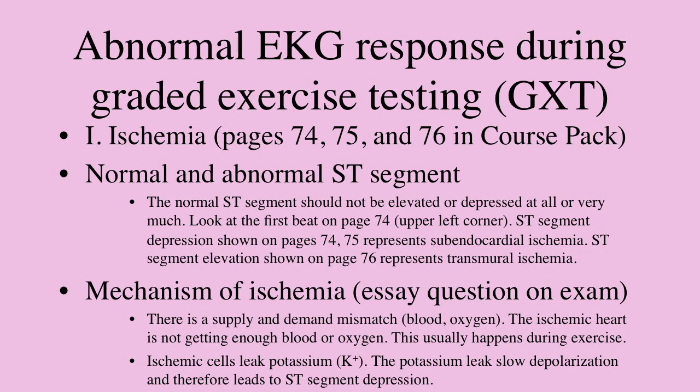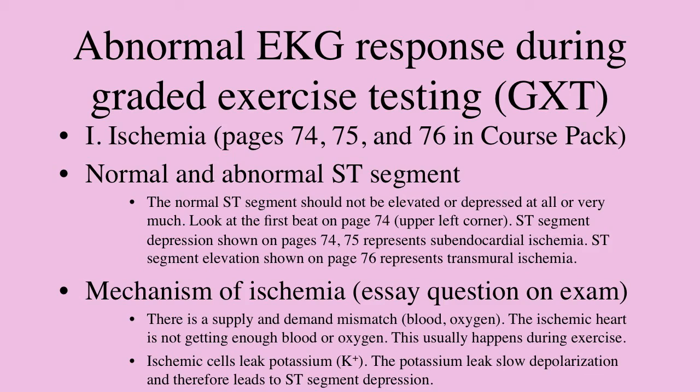If it's going in but leaking out, some of it still gets in, but some leaks out, so you get some in, some leaks out, more in, some leaks out. Eventually it does all get in there, but that leaking makes it slow to repolarize, and therefore you get ST segment depression with that slowly repolarizing process.